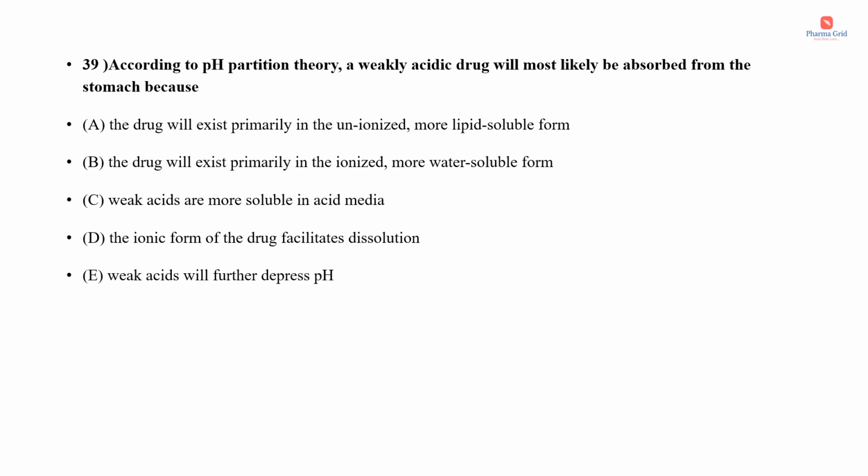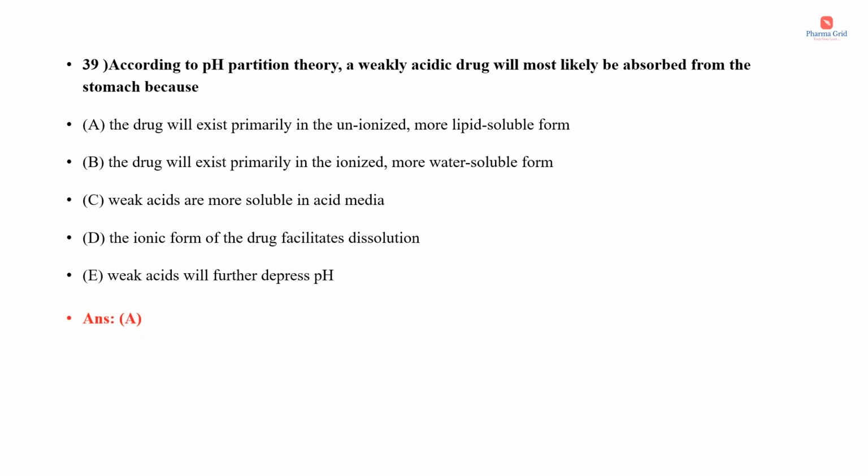According to pH partition theory, a weakly acidic drug will most likely be absorbed from the stomach because, the options are: the drug will exist primarily in the unionized, more lipid soluble form; the drug will exist primarily in the ionized, more water soluble form; weak acids are more soluble in acid media; the ionic form of the drug facilitates dissolution; then weak acids will further depress pH.